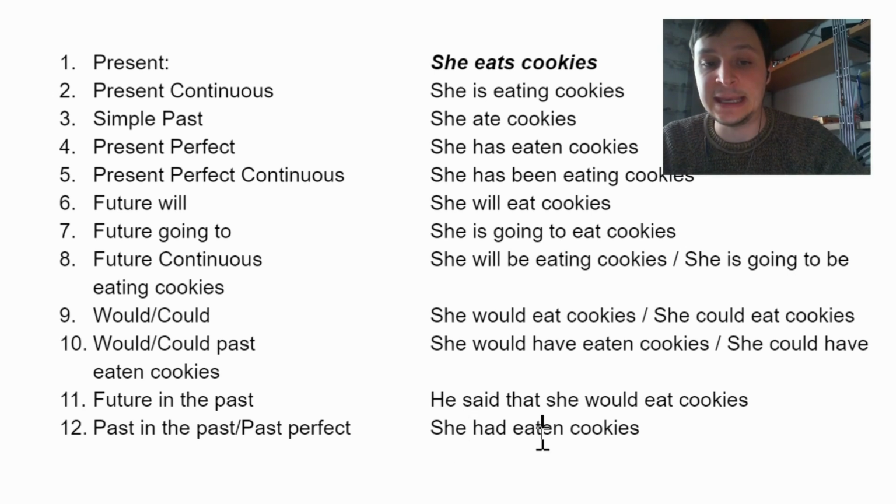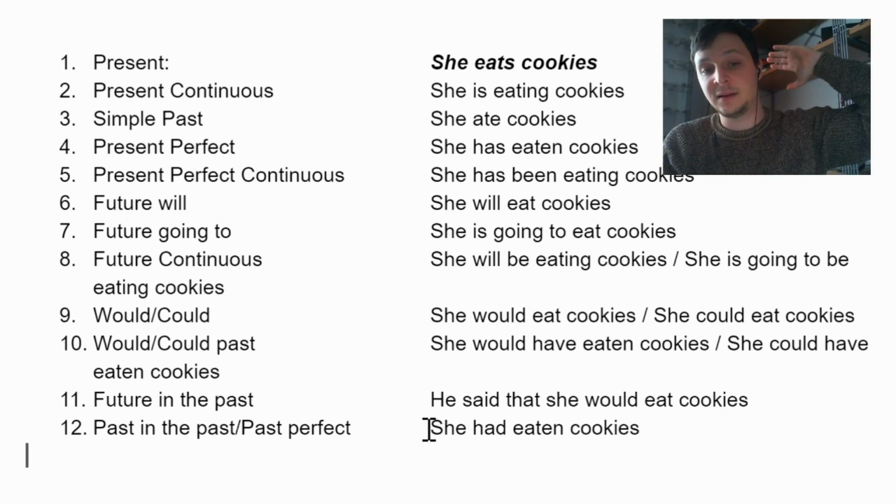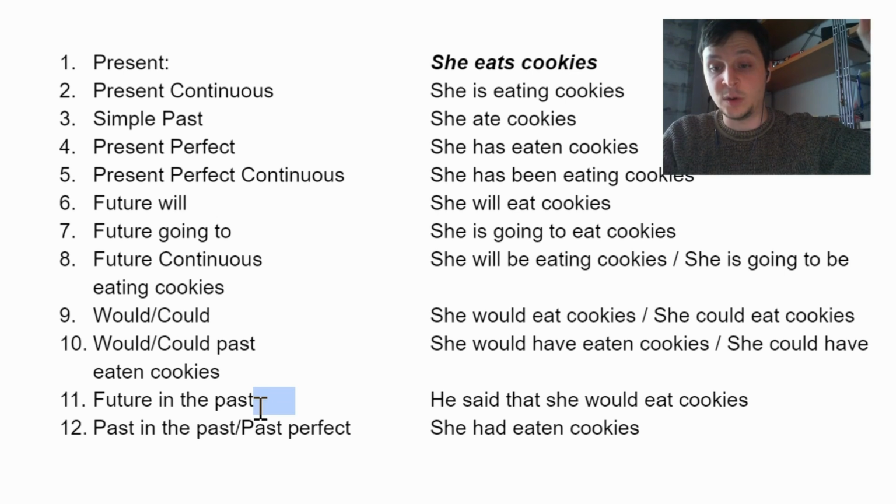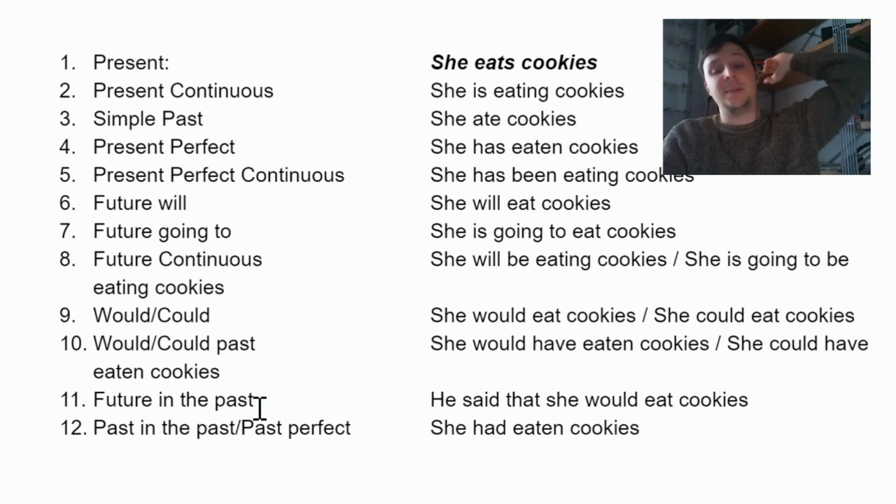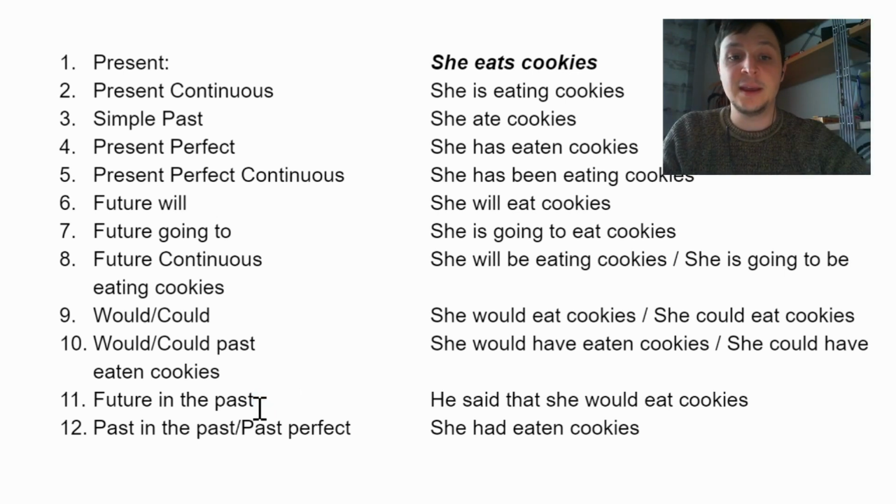She had eaten cookies. Similar to future in the past because it's past in the past. So again, in the context of the past, instead of talking about the future, like this one, we're talking about the past even further back in the past, okay? So she had eaten cookies, okay?